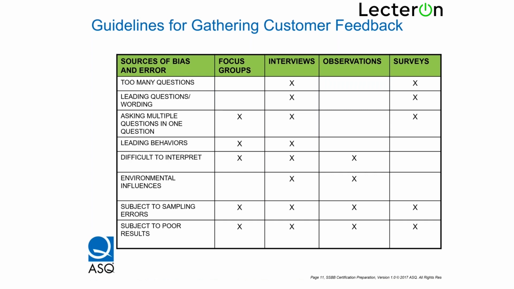If you are checking leading behaviors, then focus groups and interviews. Difficult to interpret, then focus groups, interviews and observations. Environmental influences, then interviews and observations. Subject to sampling errors, then focus groups, interviews, observation and surveys. Subject to poor results, focus groups, interviews, observations and surveys.